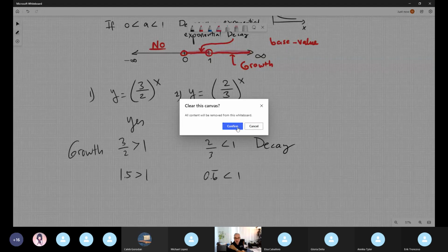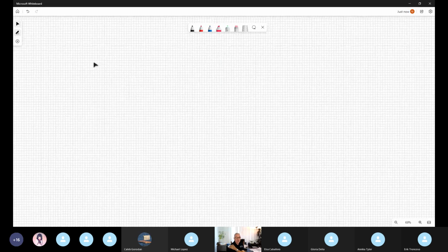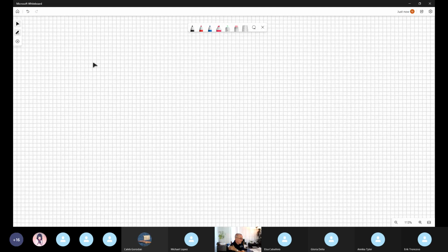Now, let me try to study in detail the exponential function. So I take one example, no? Example 1, I want to study the property of f of x equal 2 to the x, in which the base is 2.